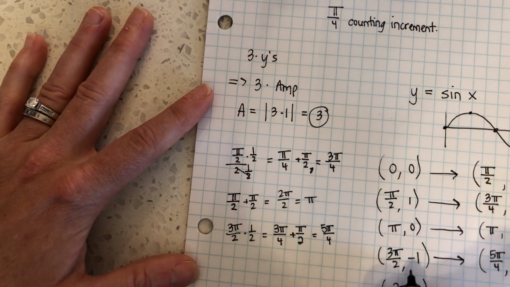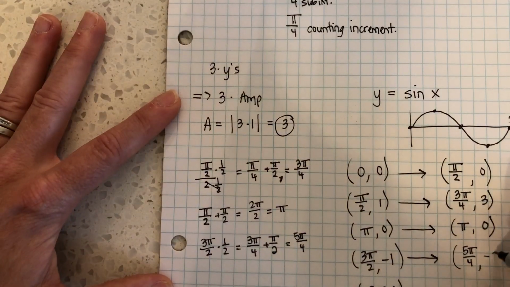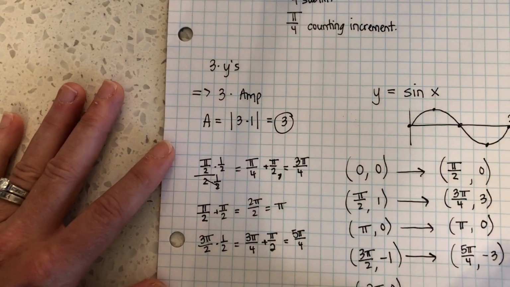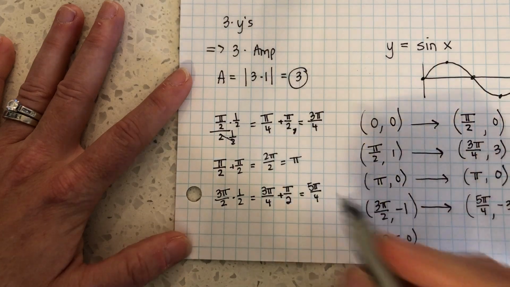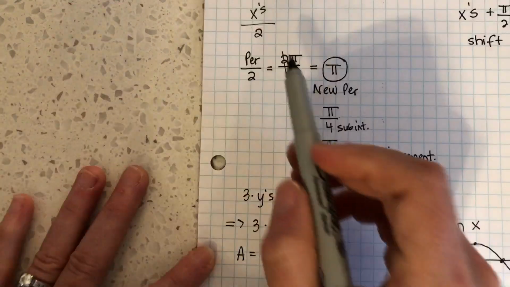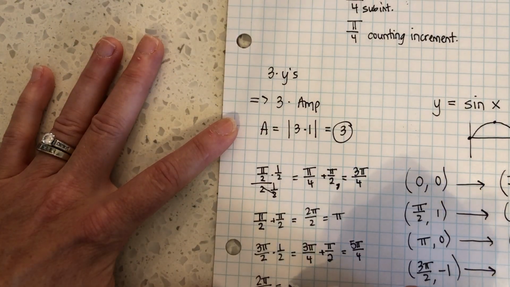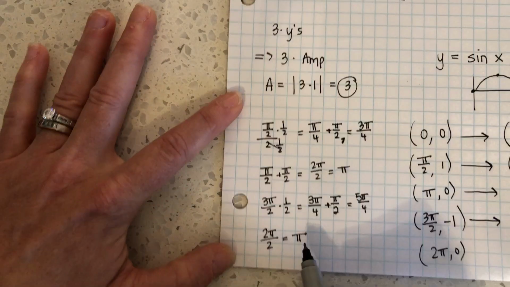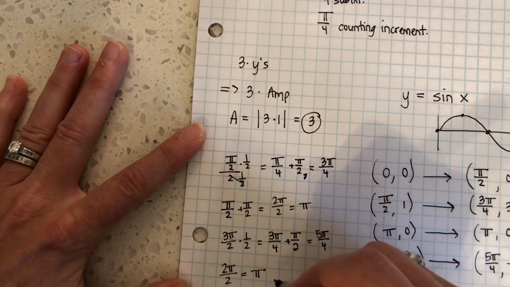All right, take your y value -1 and you're going to times it by 3. So that's -3. Okay, now we're going to take our last x value and make the appropriate transformations. So take 2 pi, the original x, and divide him by 2. And now you get pi. Now you have to take pi and add pi over 2 to him.